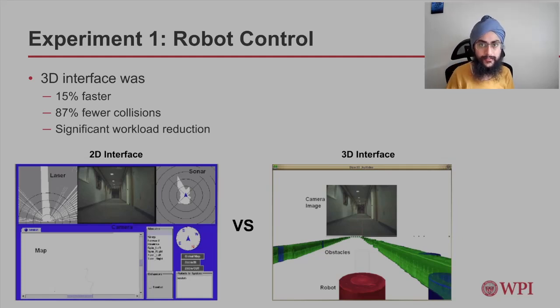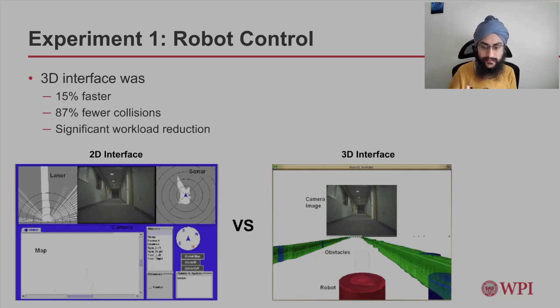They had 87% fewer collisions, and they reported a significantly lower workload compared to the users using the 2D interface, as measured by the NASA TLX. And so yeah, this is pretty good evidence that the 3D interface is working, and users are better able to complete tasks more efficiently.